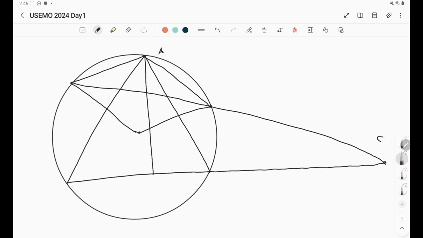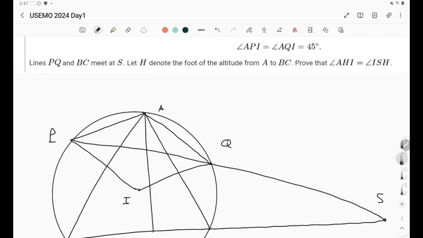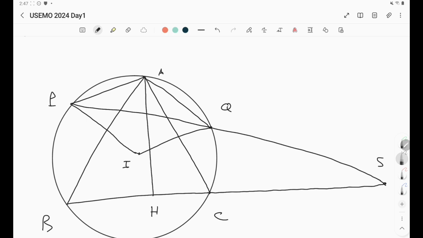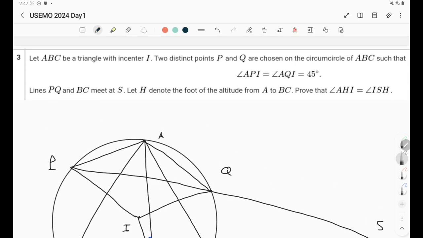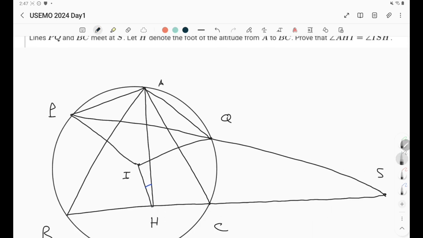Okay, this is our point S, and let's name the triangle A, B, C, P, Q, and this is I, and this is H, and we're asked to show that angle AHI, so basically this angle here, is equal to angle ISH.